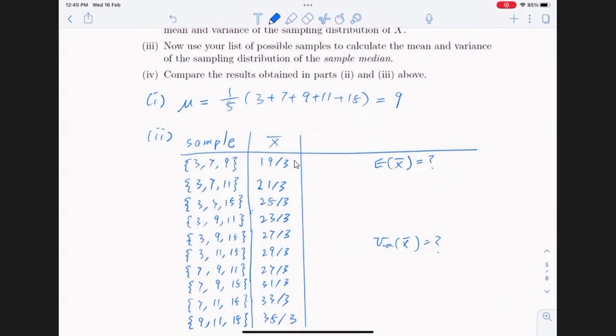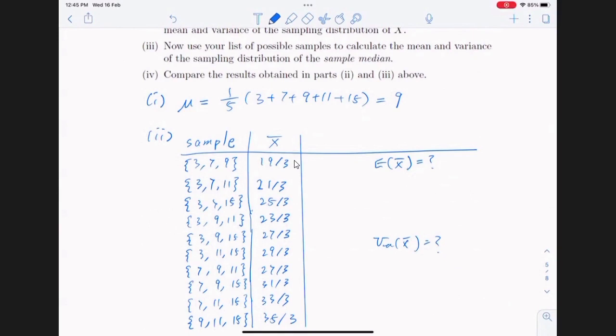To draw 3 numbers randomly without replacement means you draw a paper from this bag, but you don't put it back. Next time you draw from the remaining 4 papers, and then you draw from the remaining 3. That is sampling without replacement. So if the numbers in the population are distinct, then you won't have repeated numbers in your sample.